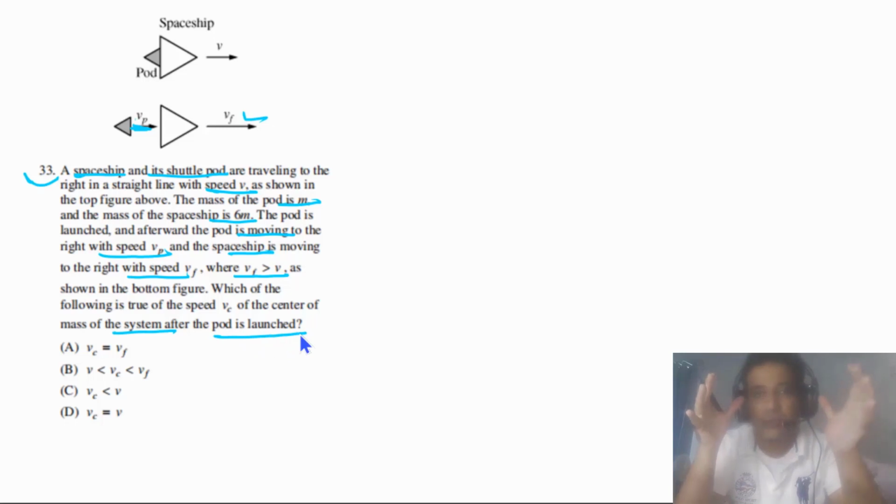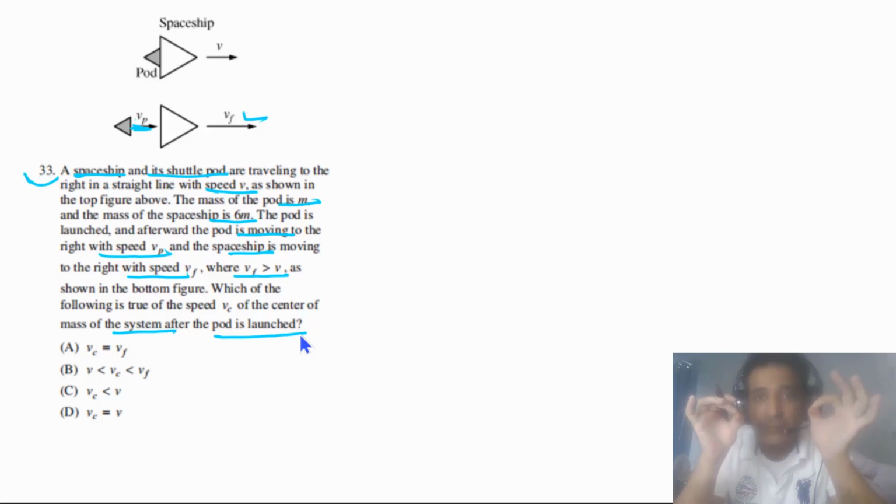So in this case, we need to understand when velocity of center of mass of system will change. Velocity of center of mass only changes if there is net external force acting on the system. As in this case, there is no net external force acting on the system before and after launching the pod.